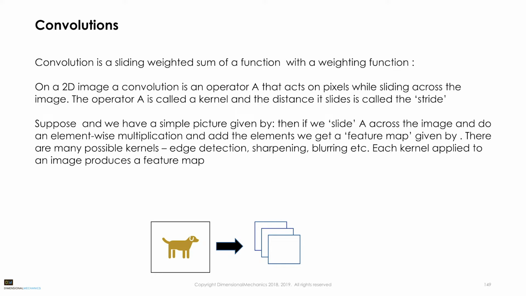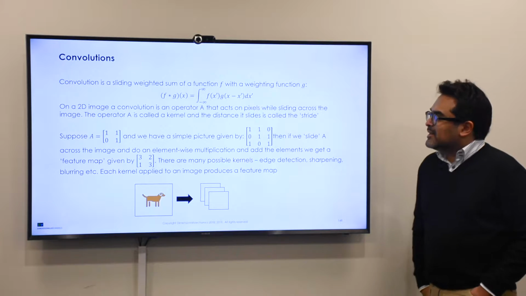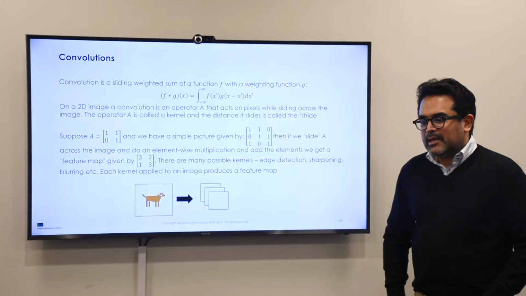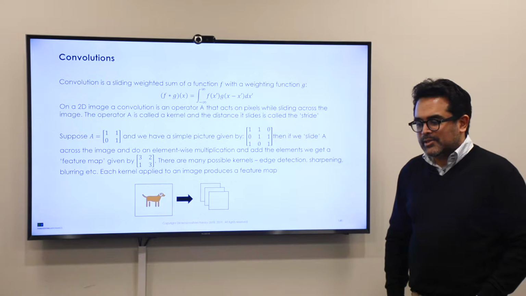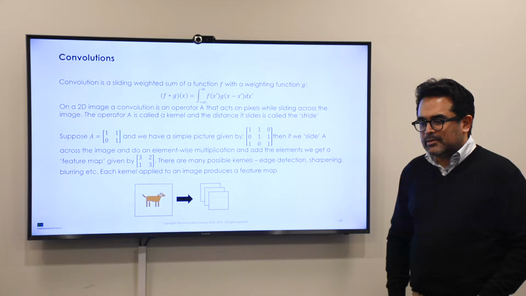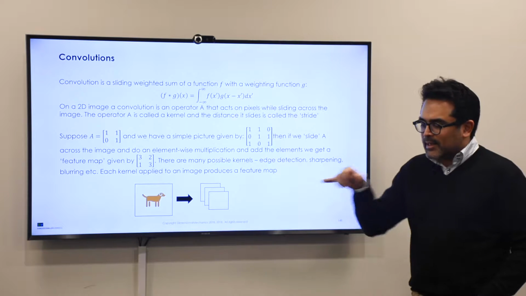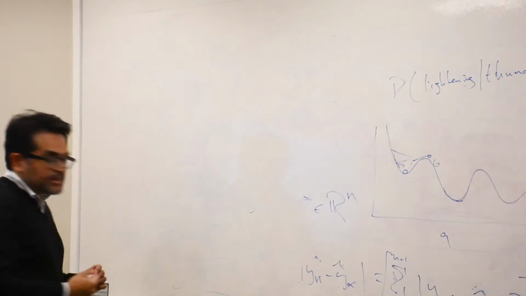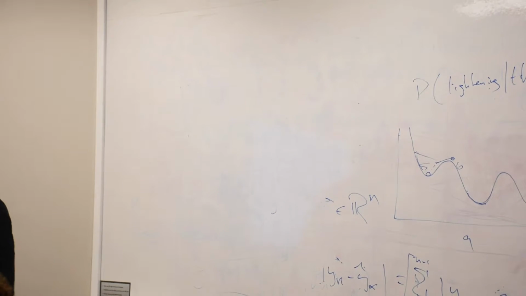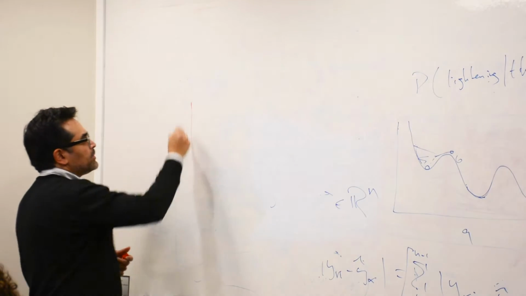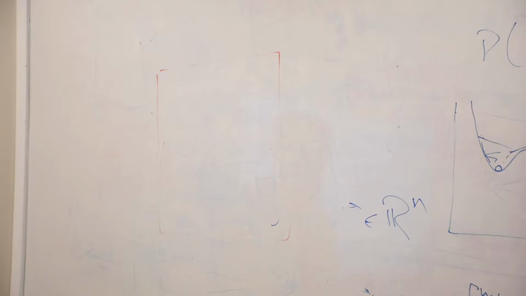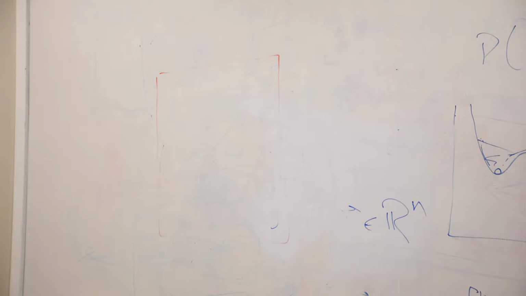So what is a convolution? Basically, a convolution is an operation that takes place, and it's easier to illustrate. If you have a function f, think about f as being a big picture. Then g is a weighting function that you're moving over the entire space.